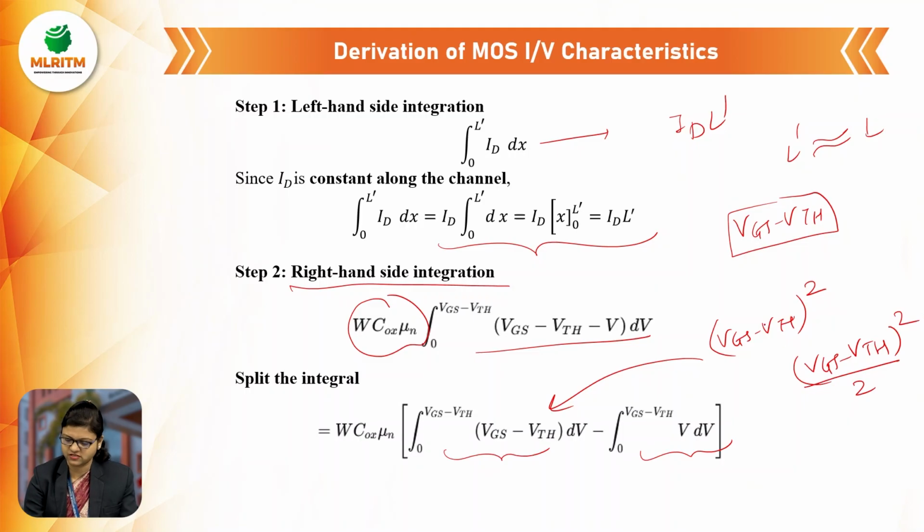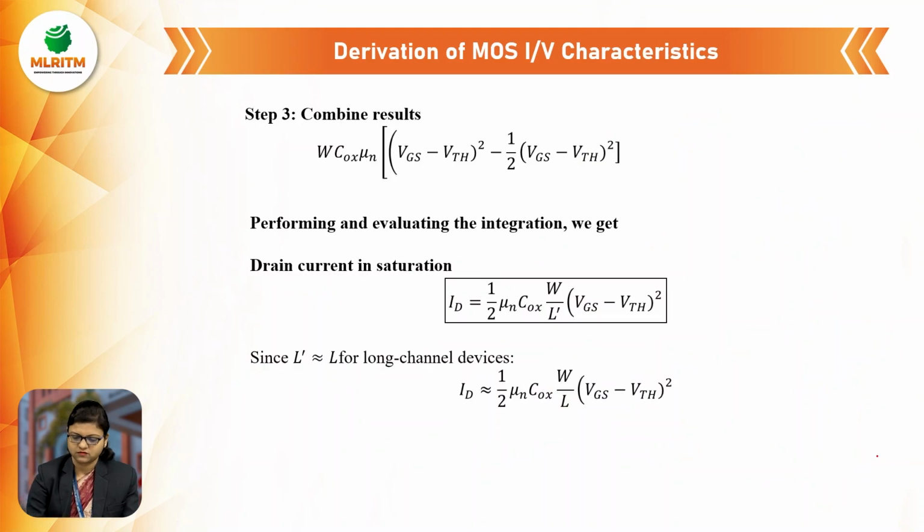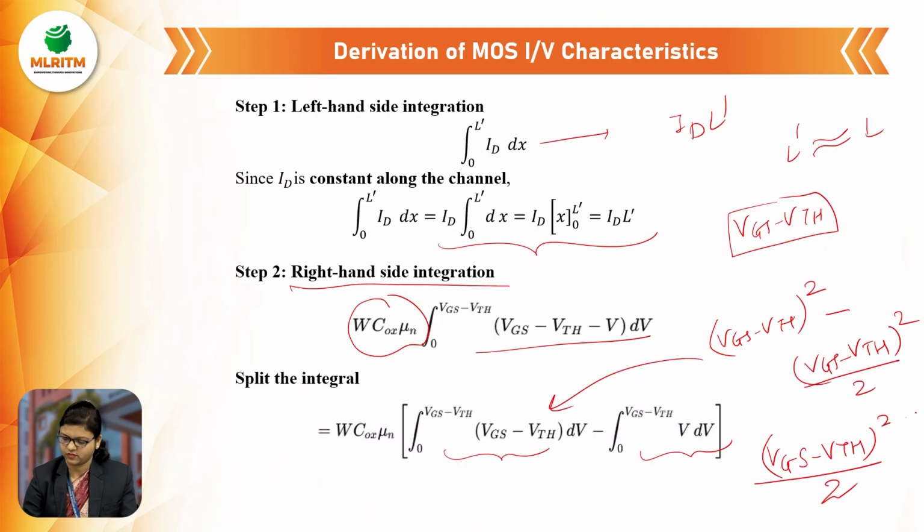If you subtract this term from that term, you will get VGS minus VTH upon 2, a square term only.